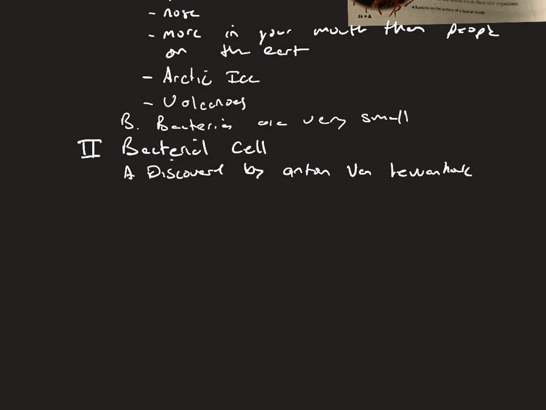Well, guess what? Does it matter in your notes? No, nobody's grading you on notes. Discovered by Anton van Leeuwenhoek, and I'm just going to put a dash in the 1600s. Used a microscope.